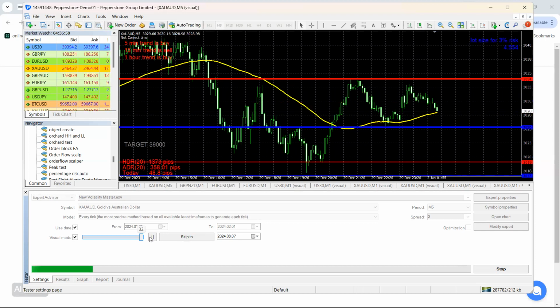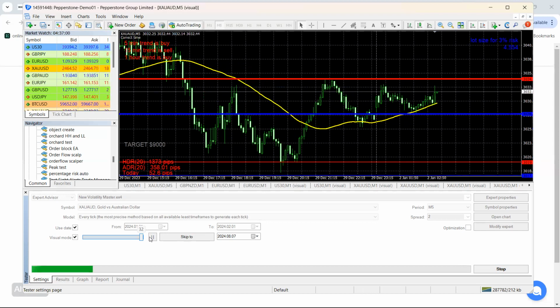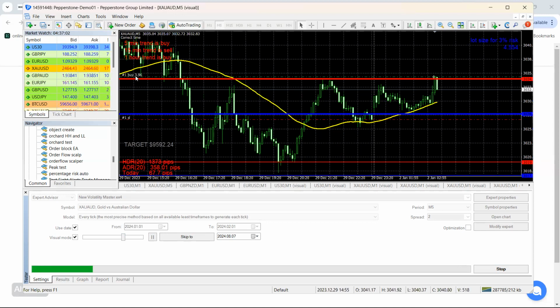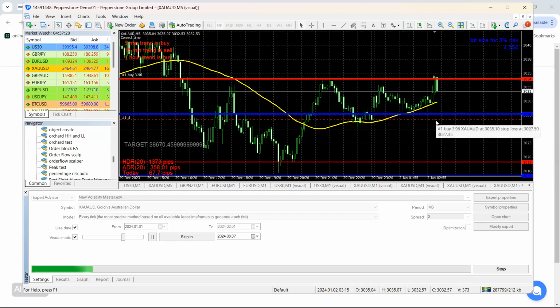Now let's just go through quickly so we can see what size trade this takes out. So it's a 3.96 size trade. Because the trade's placed a lot further away from the stop loss, it had to make a smaller size trade so that we were still risking the same amount of dollars.